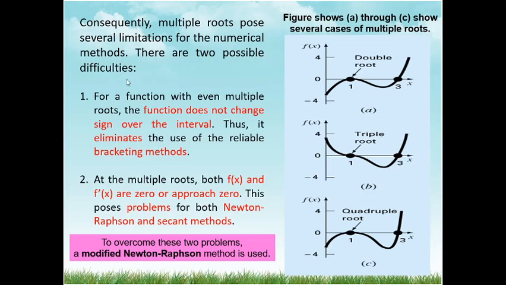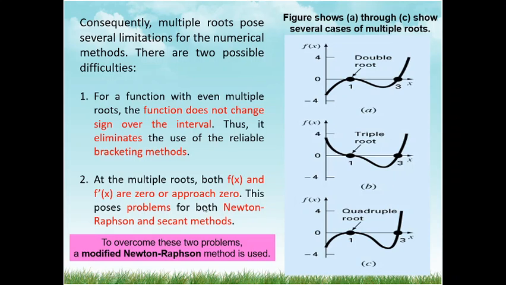And this week we come on to another method known as modified Newton-Raphson methods. This is an extension of the Newton-Raphson method that we discussed last week. This modified method is useful in the events where both f(x) and f prime x, the differentiated form of f(x), are 0 or approaching 0.